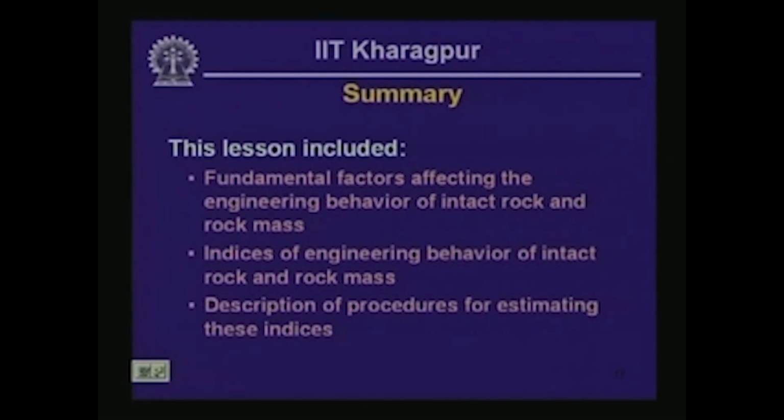They were the indices that we considered in order to describe the engineering behavior of the intact specimen as well as the mass, a jointed rock mass. And we also looked at some of the procedures that are used for estimating these indices.